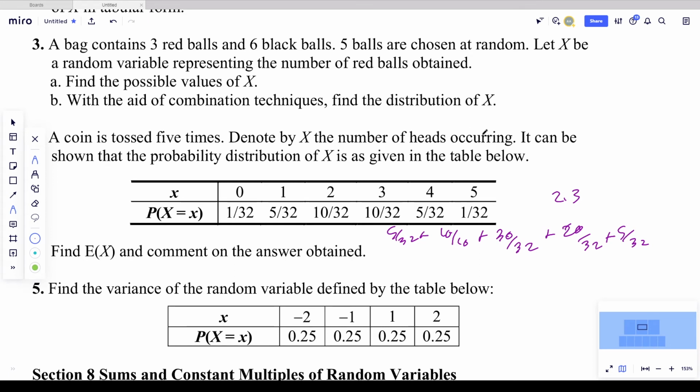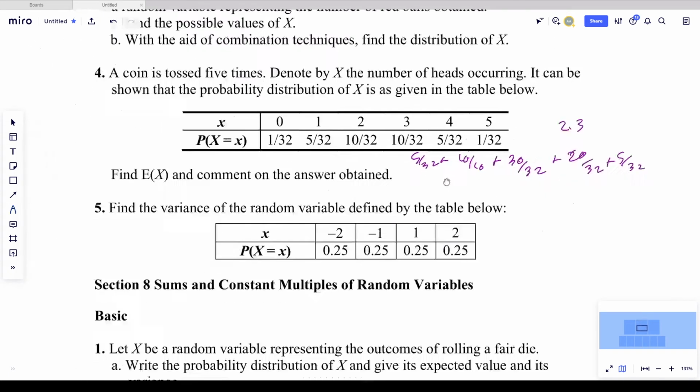So on average, with repeated trials and so on, you'd have on average 2.3 heads occurring when a coin is tossed 5 times, something like that.